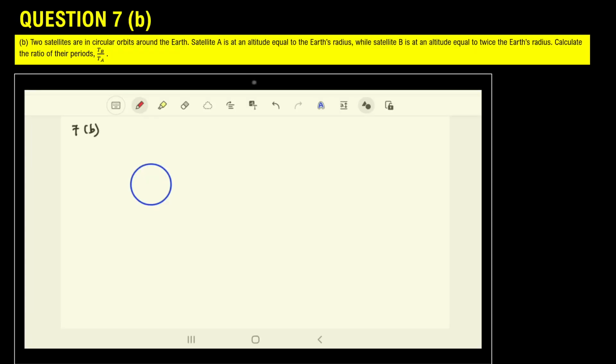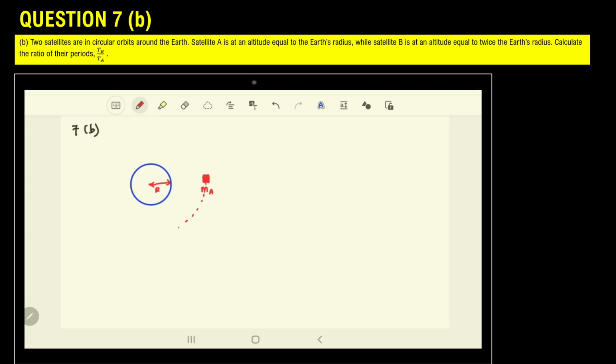For question B, we have two satellites in circular orbits around the Earth. Satellite A is at an altitude, which means a position above the surface of the Earth, where the altitude of satellite A is equal to the Earth radius. Let's say this is the radius of the Earth, r, and this is the position of satellite A, which I put as MA.